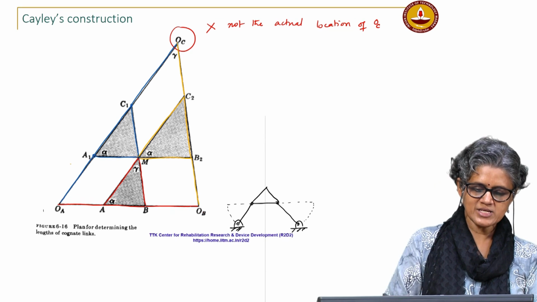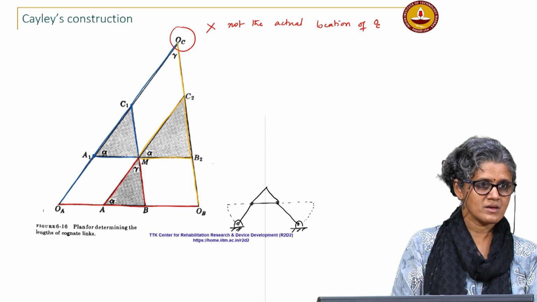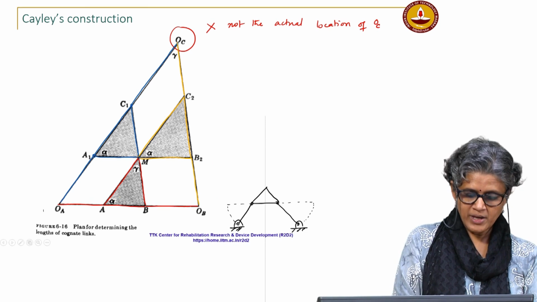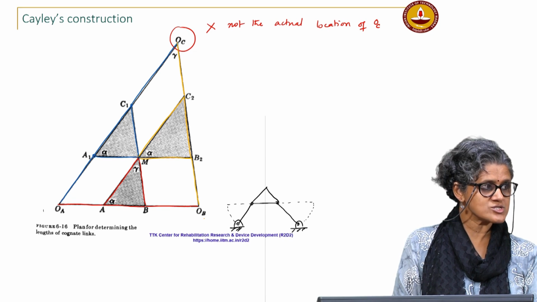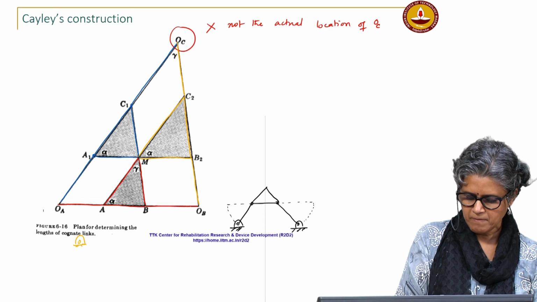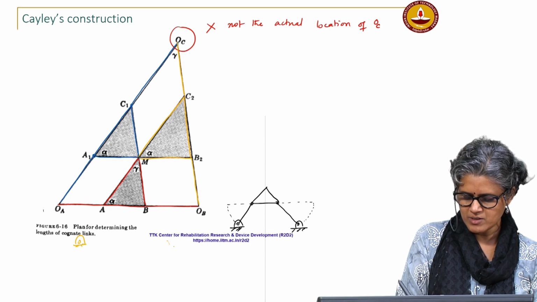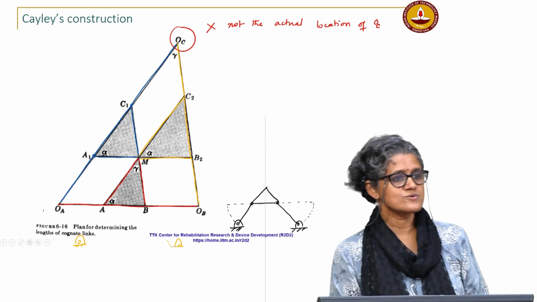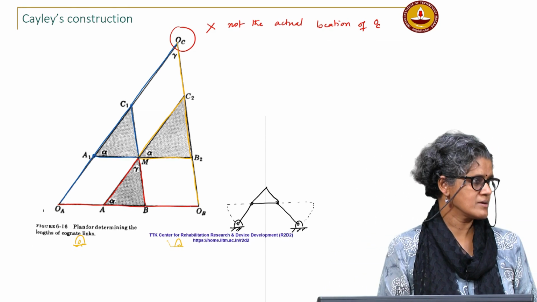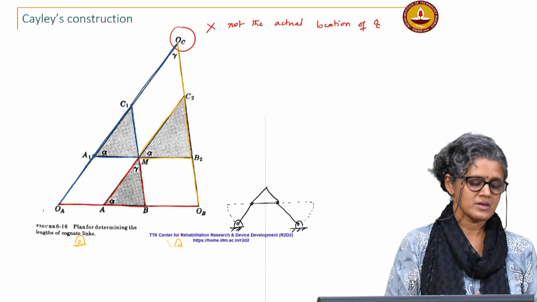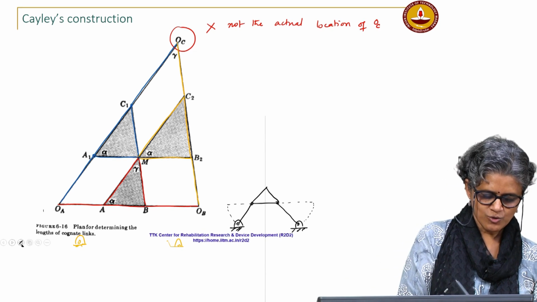Although this triangle is also similar to the coupler triangle, these are not the actual locations of OA-OB. OA-OB are somewhere here, okay, somewhere out there. Okay. So, you cannot use that for the location of OC.